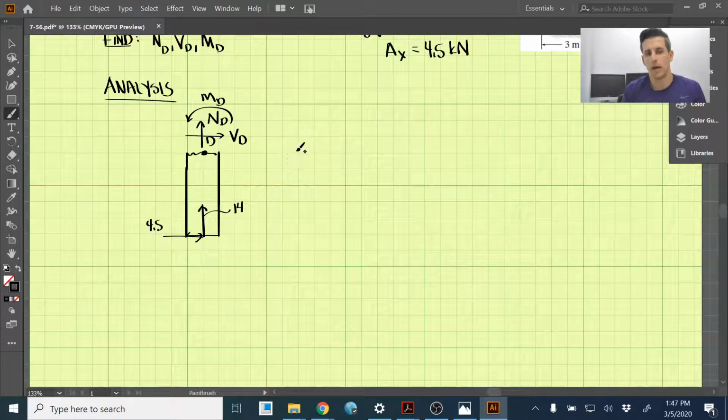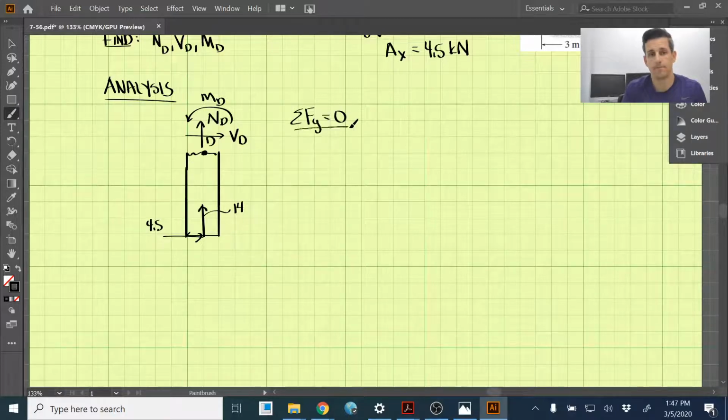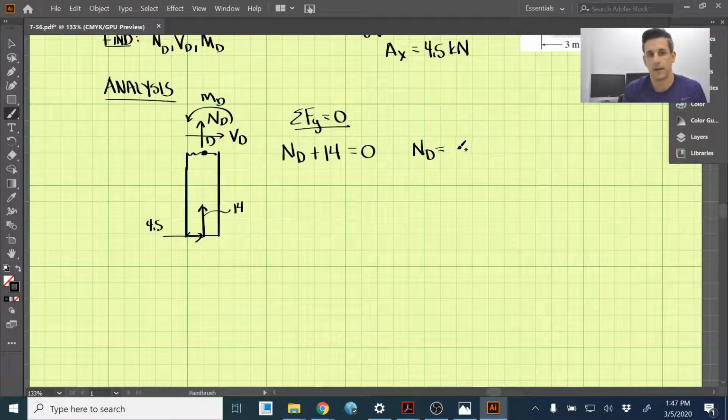Okay, so if we sum the forces in the y direction first off, we have ND pointed upwards, and we also have AY, which is 14 kilonewtons pointing upwards. And set that equal to 0, we have ND comes out to be negative 14 kilonewtons.